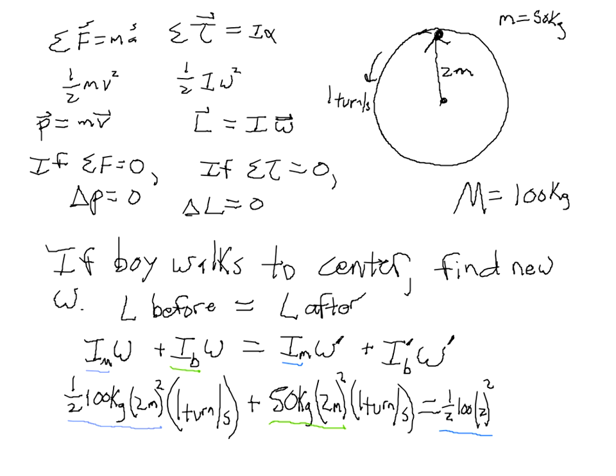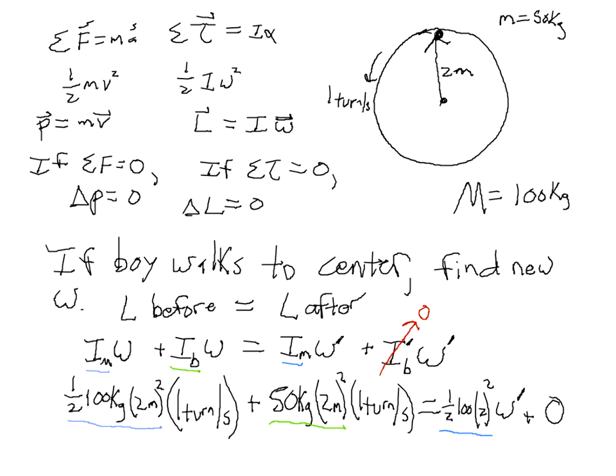The new angular velocity of the merry-go-round is what we're trying to find, plus 0, because the boy has now moved to the center. If the boy moves to the center, then his distance from the center is equal to 0. And since the distance from the center is in the moment of inertia equation, the moment of inertia of the boy after he has moved to the center is equal to 0.